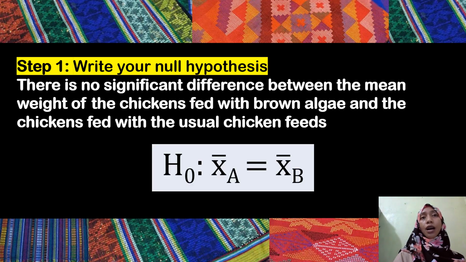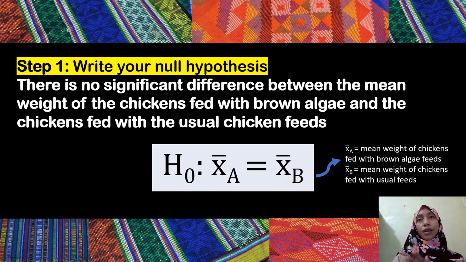So in formula, our null hypothesis would be x sub A is equal to x sub B, or the mean of A is equal to the mean of B. Mean of A is the mean weight of chickens fed with brown algae feeds, and the mean of B represents the mean weight of chickens fed with usual chicken feeds.